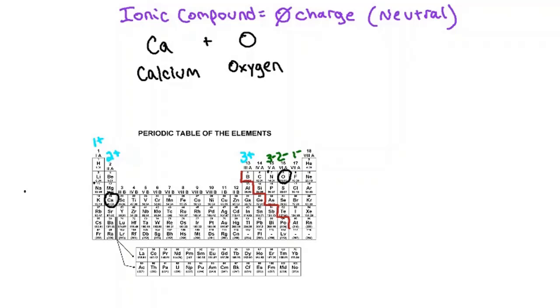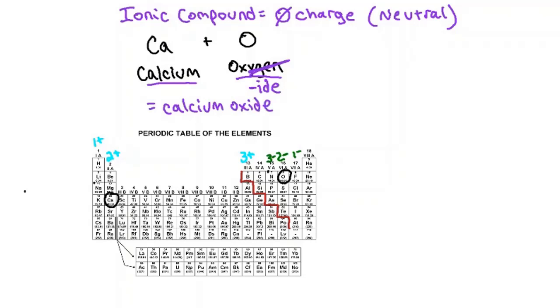Now, of course, the first thing you do is you write down calcium, the metal, first, and then the nonmetal oxygen. Then the next thing you do is you cross out the end of the nonmetal, in this case oxygen, and you add the suffix "ide" to it. So you end up with calcium oxide.